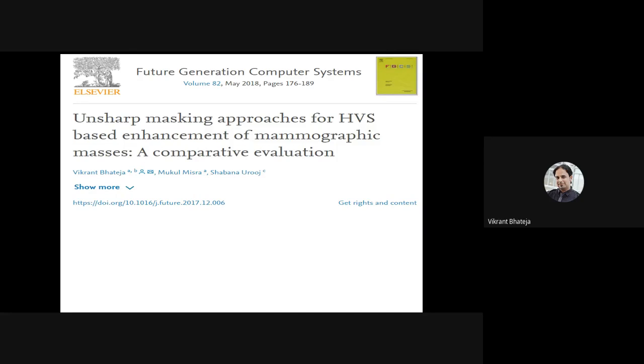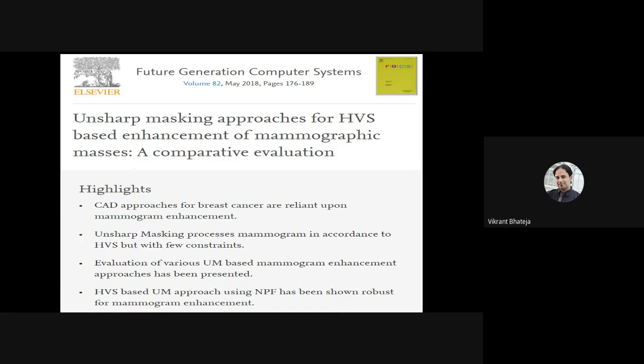And you will come to know that when you apply this non-linear kind of approach and merge it with the unsharp masking, the responses are very much improved. So over here you can see that different types of unsharp masking approaches are applied, and you are again combining a non-linear function in your existing unsharp masking module. So this is how that non-linear function can be used with some other approach in unsharp masking.